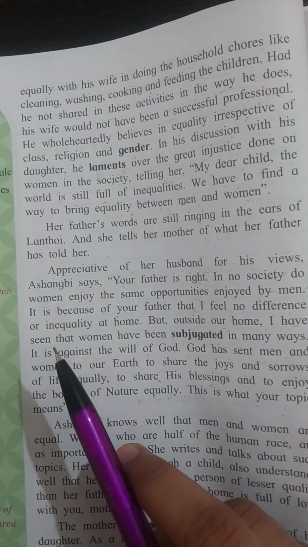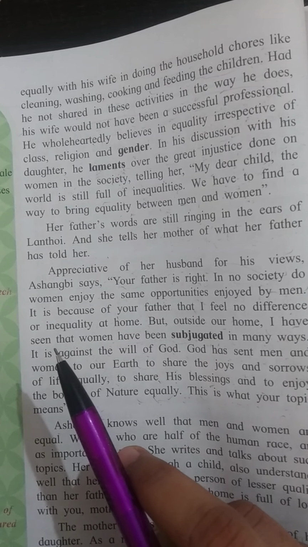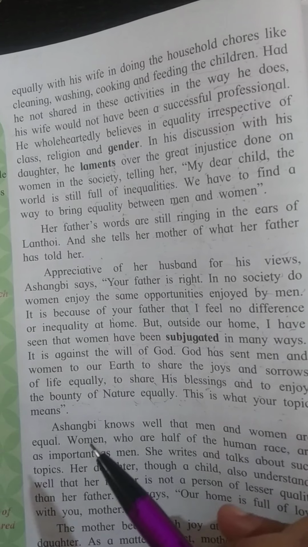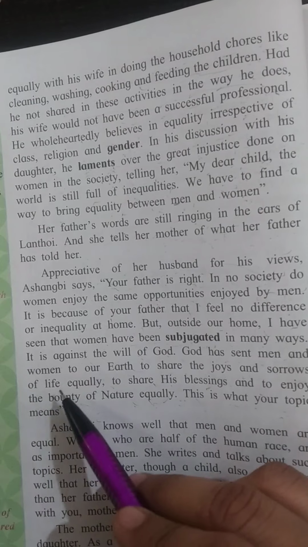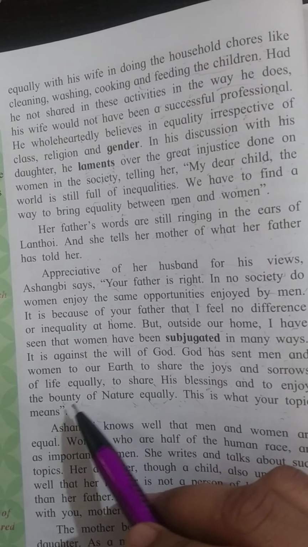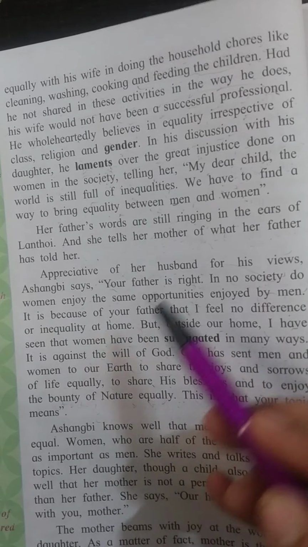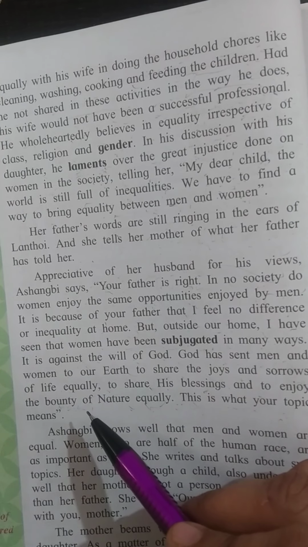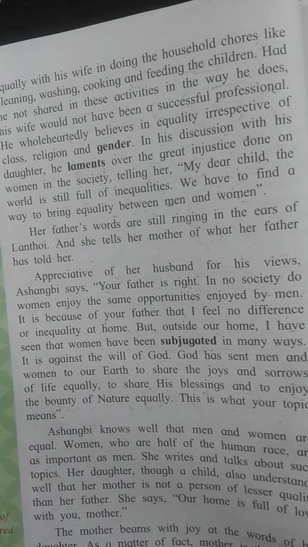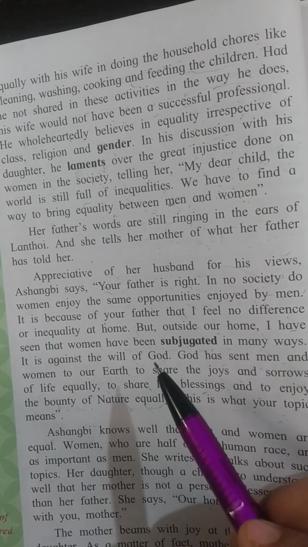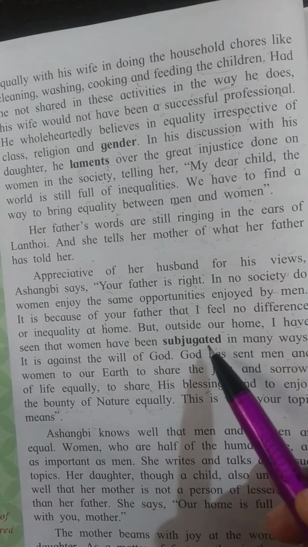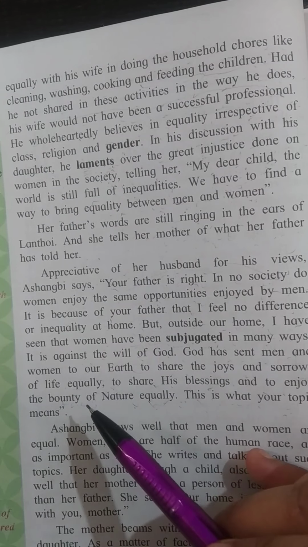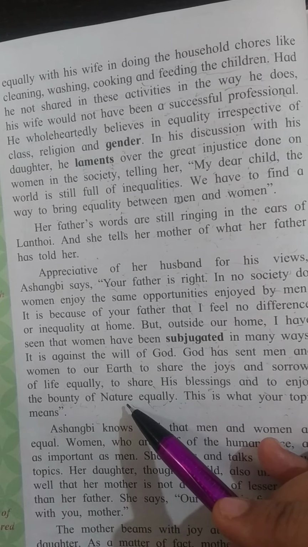They are all equal, and we are all put on the earth to enjoy His blessings and also to enjoy the bounty of nature. Bounty of nature means what here? The beauty of nature. So it is not meant that only men will get to enjoy and women have to suffer. Each one is made equal in the eyes of God and nature. And this way, the mother tells her what your topic means. God has created men and women equals.